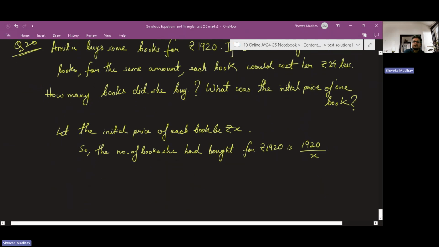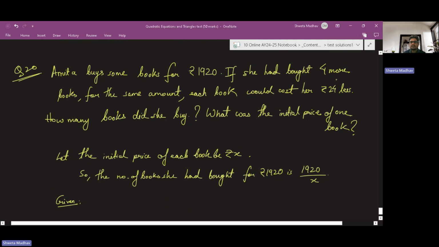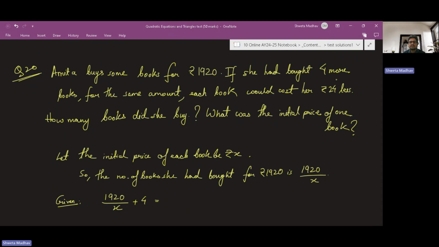Then it is given that if she had bought four more books for the same amount, then the cost of each book would be rupees 24 less.